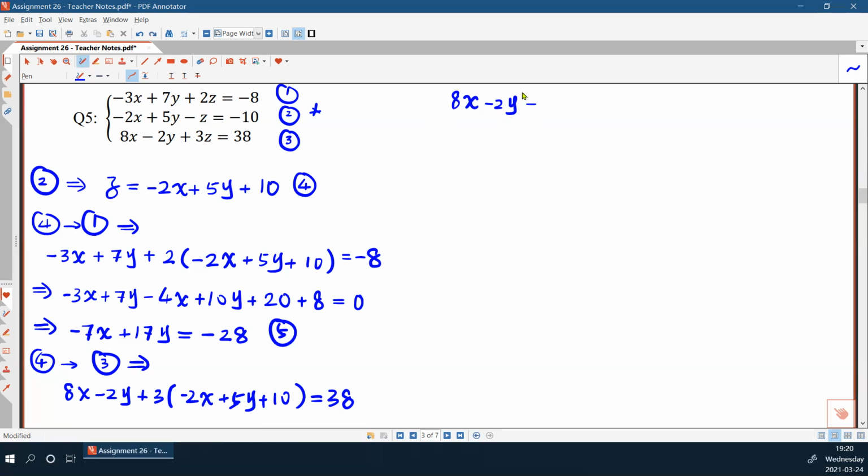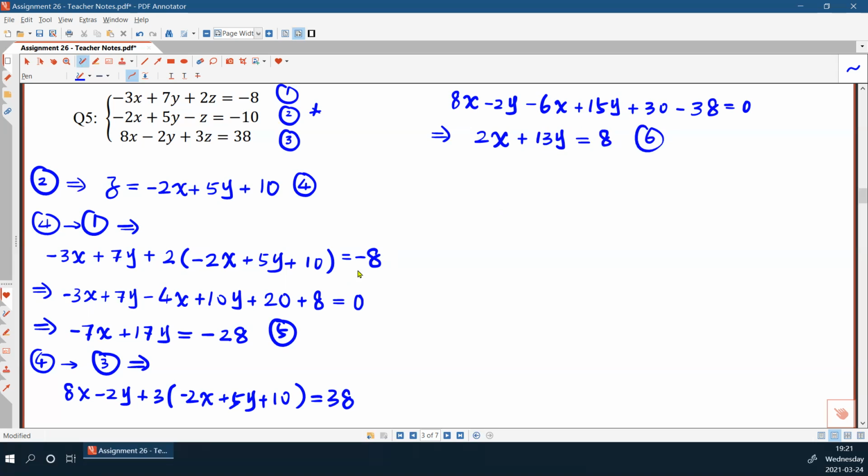Again, pay attention to signs here. Minus 6x plus 15y plus 30 minus 38 equals 0. Okay, and 2x plus 13y equals 8. Okay, so let's call this number 6.